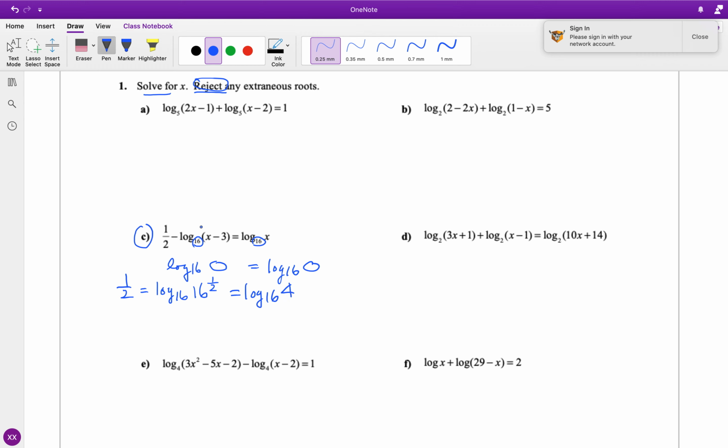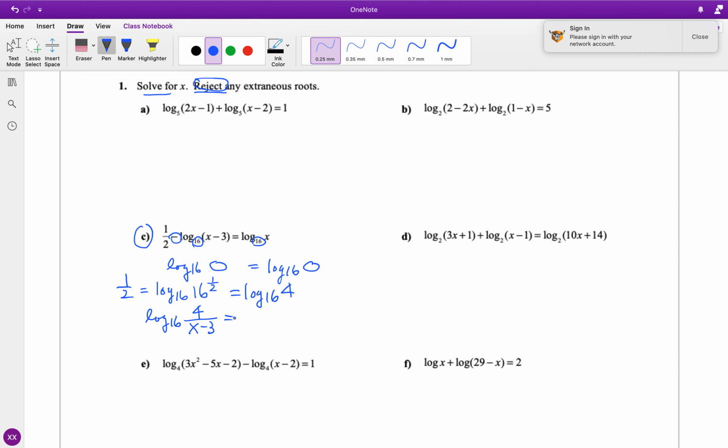Okay, now on this side, I'm going to use the quotient rule, and that becomes log base 16 of 4 divided by x minus 3. Because this subtraction here becomes division.